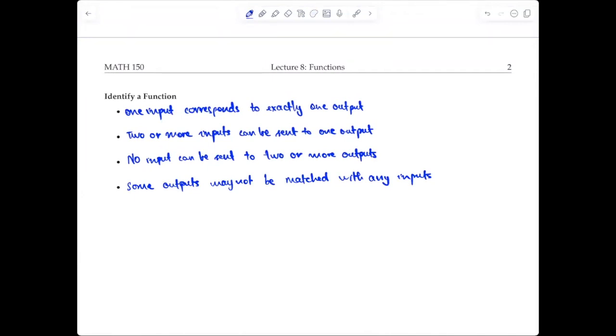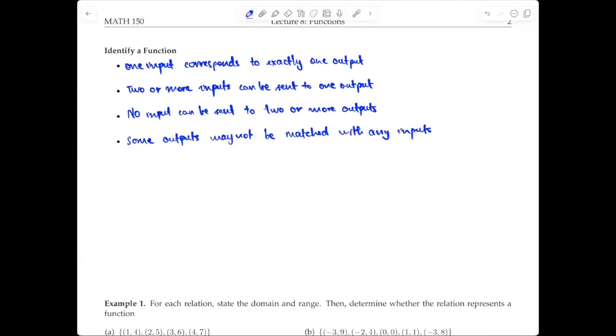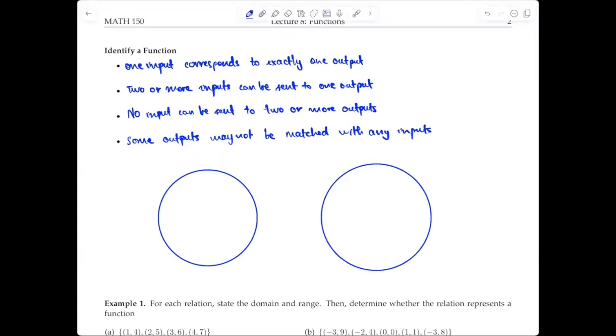All right, so I'm gonna give you an example, and hopefully this example will help illustrate or demonstrate the idea of these four properties. All right, so in this case, I have two different sets. On the left-hand side is the set of all the names, and on the right-hand side is the set of all the months. Okay, so my name is Winho, and I was born in January, right? So let's say somebody else named John, and he was born in February.